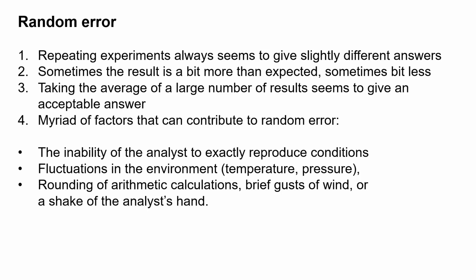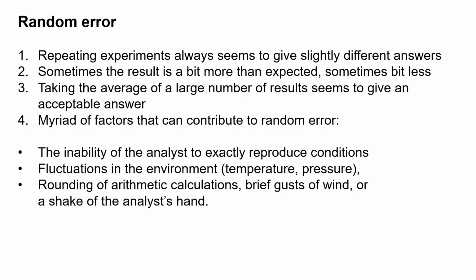Fluctuations in the environment are very common in poorly maintained labs where there's no temperature or pressure control. Then there are arithmetic calculations: if you are not rounding them equally every time, you will see small differences in your measurements.